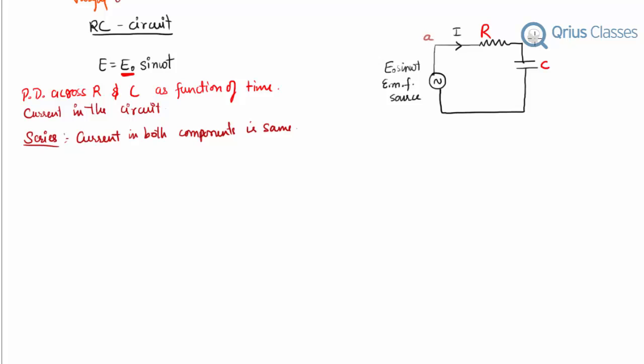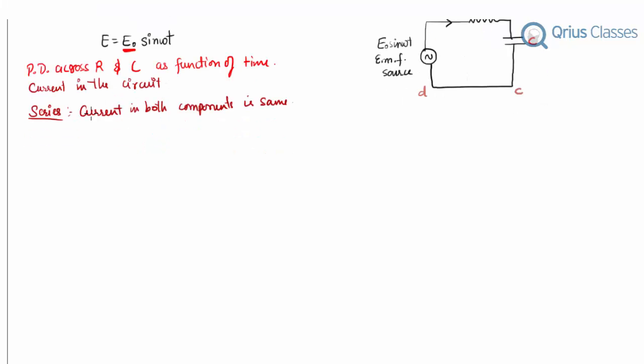This is point A, this is point B, this is point C. Now since the current is the same in this series, and since the applied source is also an alternating source of voltage, the corresponding current flowing through the circuit will also change sinusoidally with time. So we can assume that I in the circuit can be written as I naught sine of omega t.